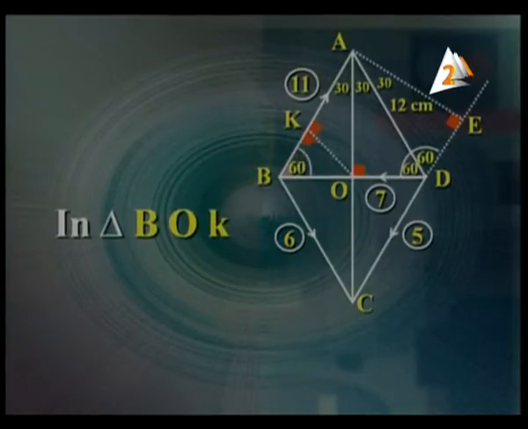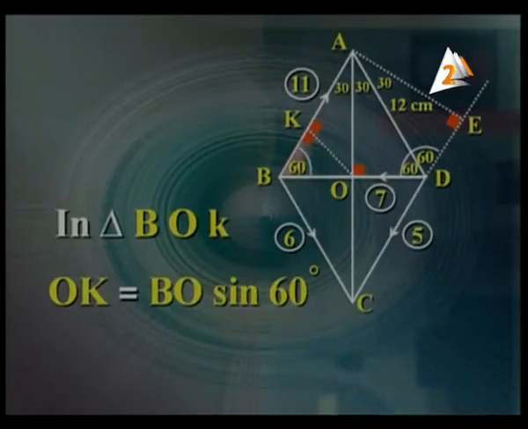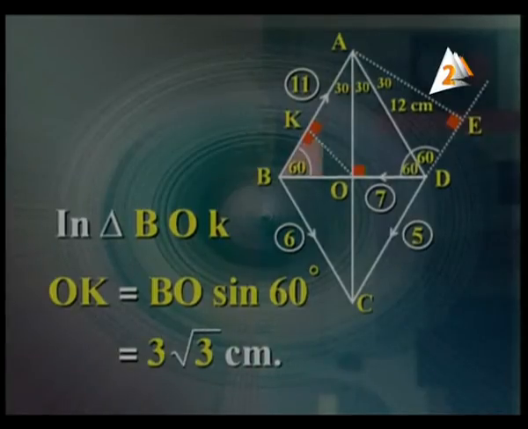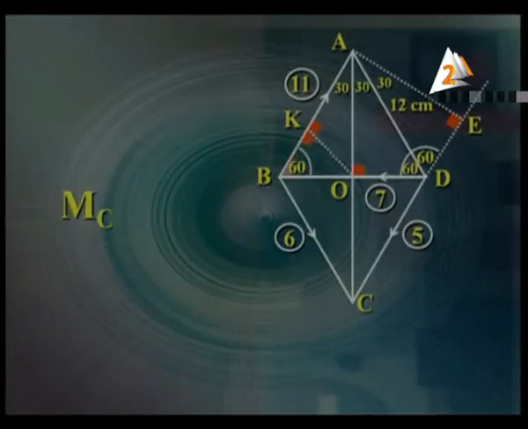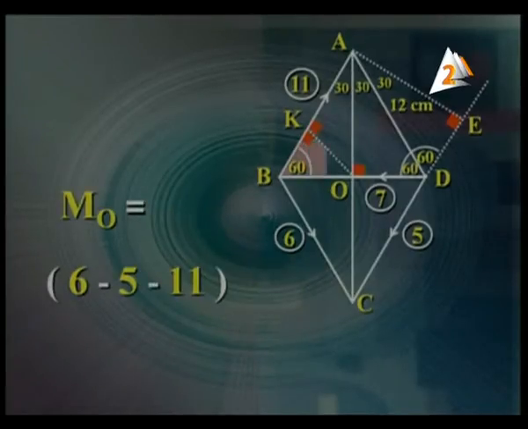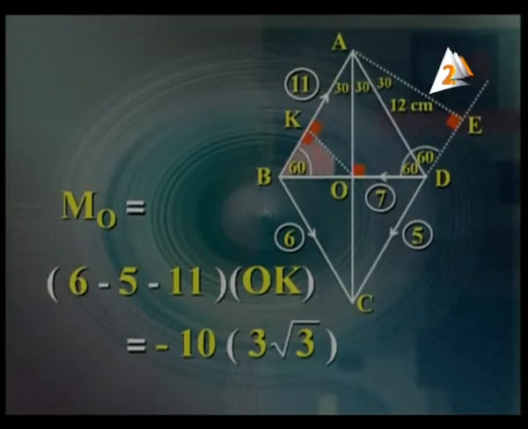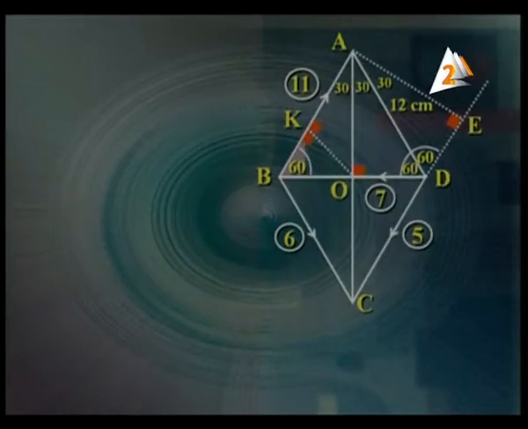Now, to take the moment about the point O, or the center, we say 6 minus 5 minus 11 times the length of OK, which is equal to minus 10 multiplied by 3 root 3, or equal to minus 30 root 3 Newton centimeter. And we say the norm equals positive 30 root 3 Newton centimeter.